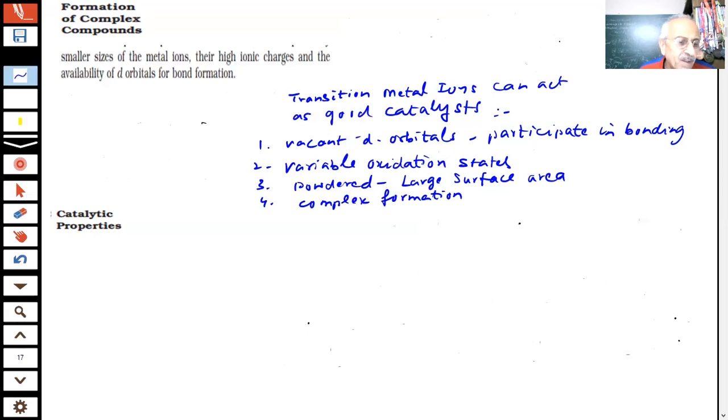For example, students, can you give a few examples in which transition metal ions act as catalysts? If I say KClO3 decomposition, if you heat it, what is the catalyst here?